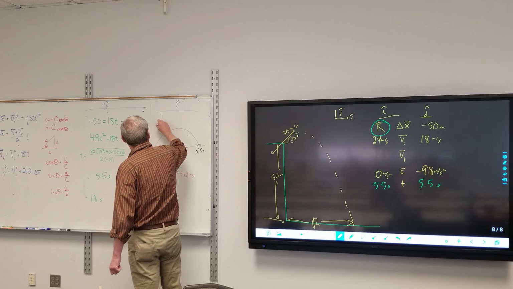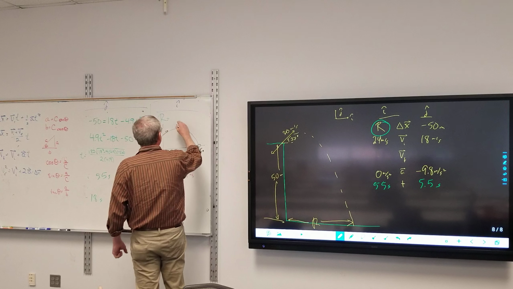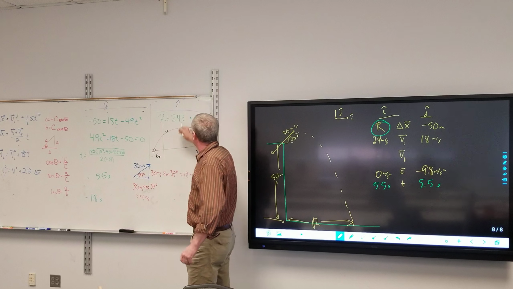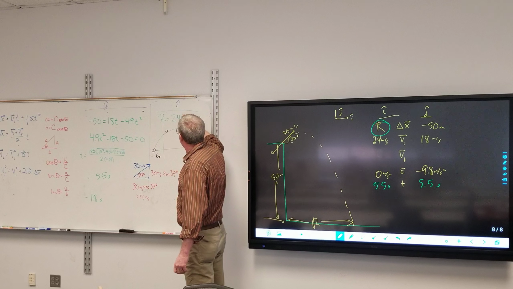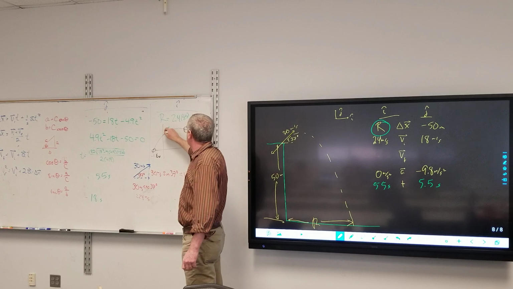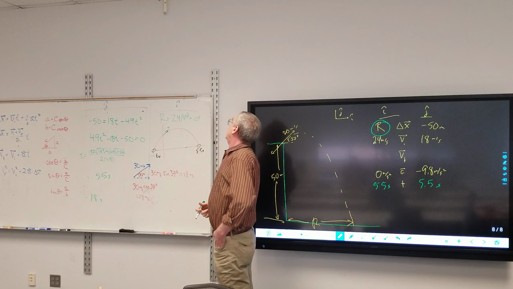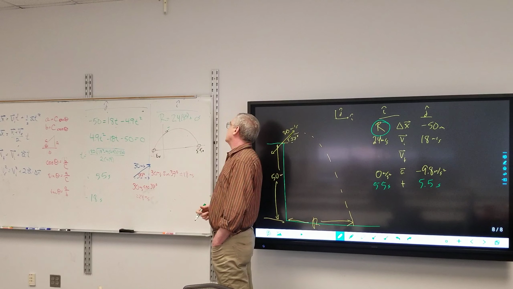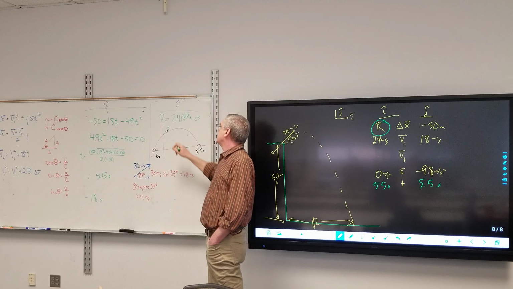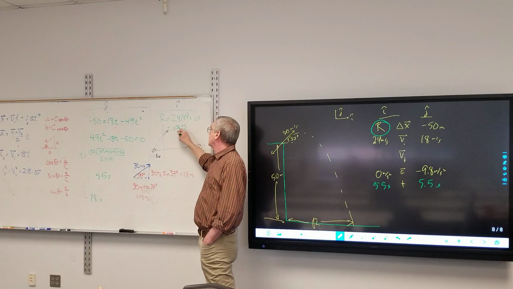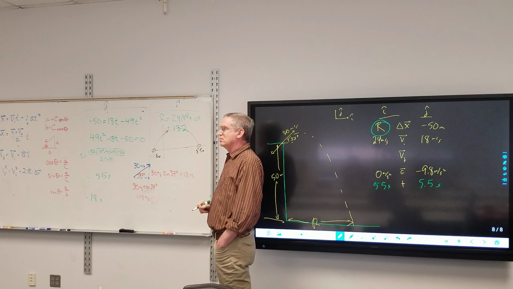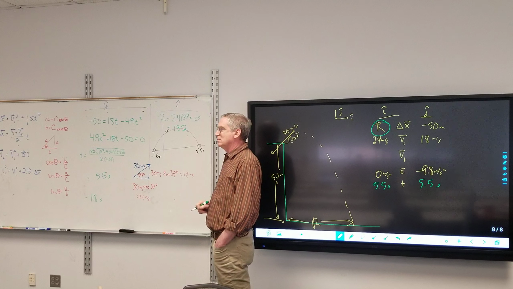And so now I have R is equal to 24t plus 0. 24 times 5.5, which is something spectacular. 132. Yeah, 132.